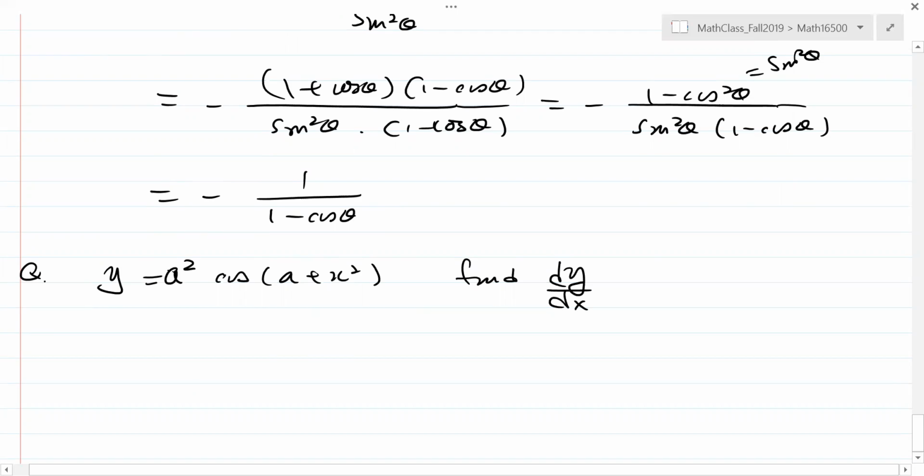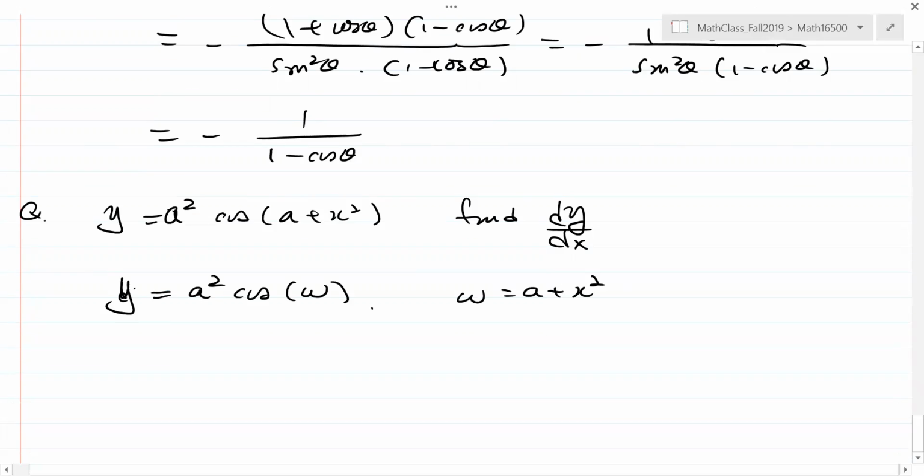Well, if you already know enough, practiced enough, that's chain rule, right? But if you want to separate, introduce a variable, then it's going to be y equals a squared cosine w, where w is a plus x squared. Then dy over dx is dy over dw times dw over dx.